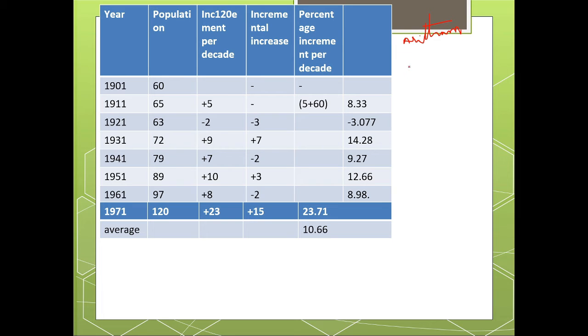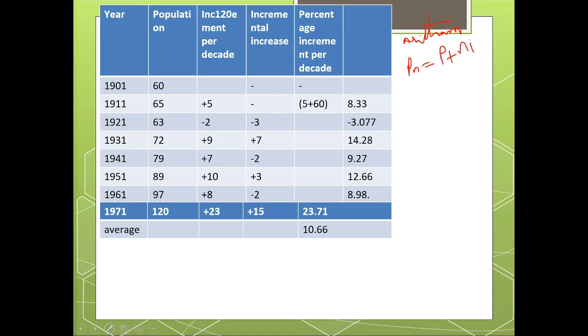Arithmetical method formula is Pn = P + ni. So you have to add all these things and take the average value.